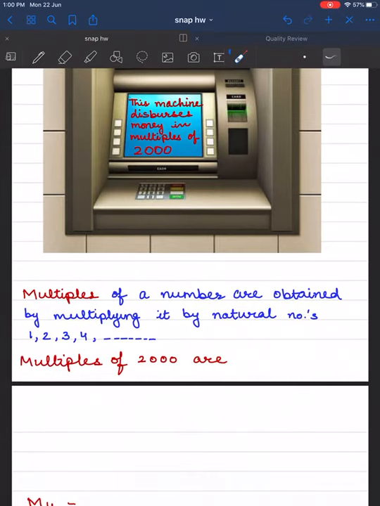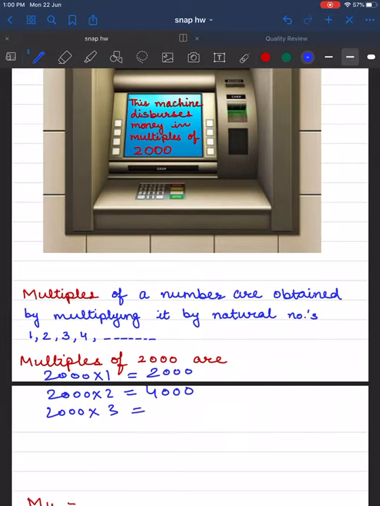Now multiples of a number are obtained by multiplying it by natural numbers like 1, 2, 3, 4 and so on. So multiples of 2,000 are 2,000 into 1 equal to 2,000, 2,000 into 2 equal to 4,000, 2,000 into 3 equal to 6,000, 2,000 into 4 equal to 8,000 and so on.